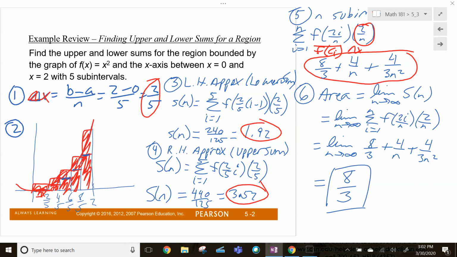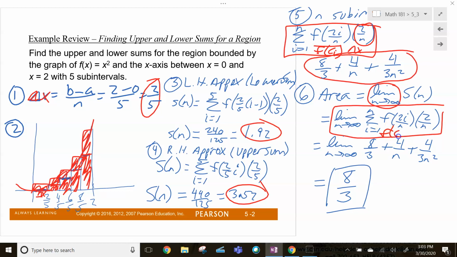as we talked about. And then as we run the limit on that, so here's the limiting process. We run the limit as n goes to infinity on the summation from i equals 1 to n subintervals, or n rectangles, if you will, of f of 2i over n times 2 over n.